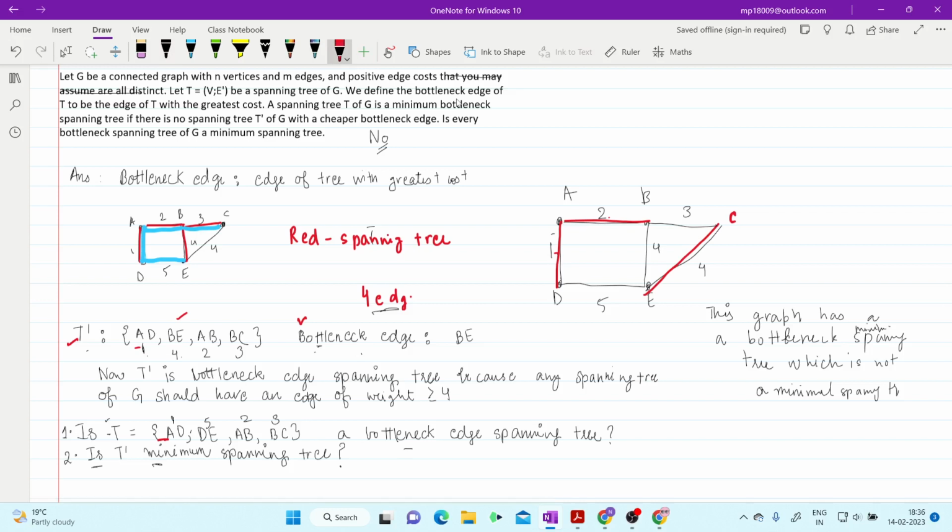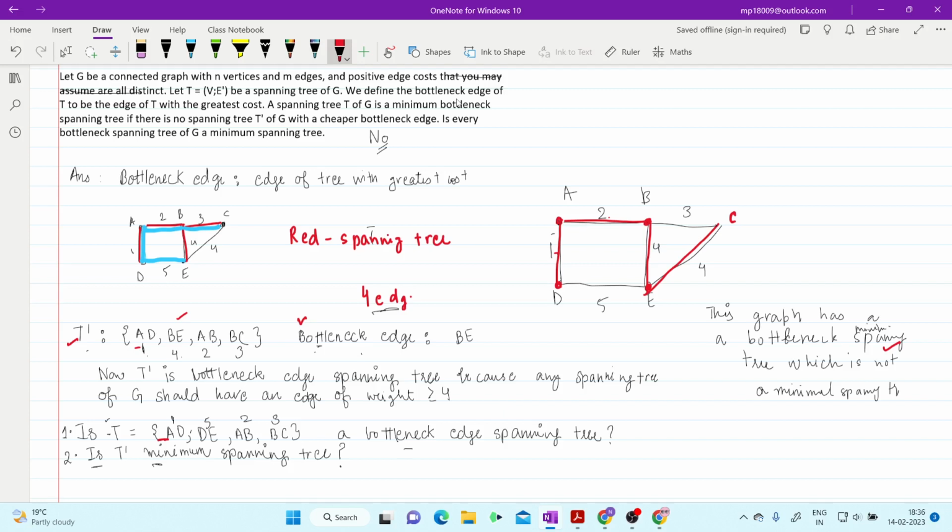So you are saying this one, right? So this is a bottleneck minimum spanning tree because the highest bottleneck edge is 4 and there cannot be any other spanning tree with lower bottleneck edge.